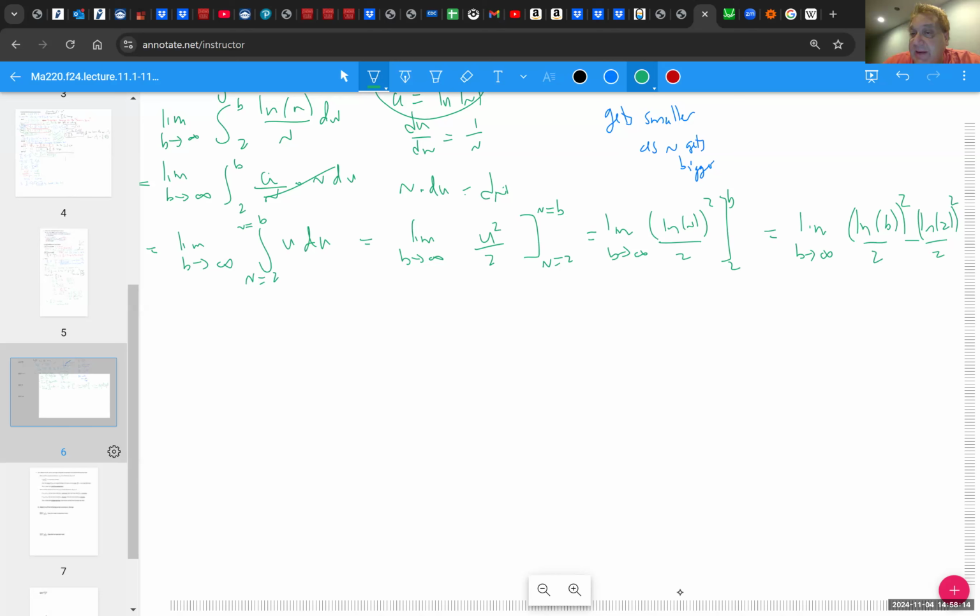So what happens to ln b as b goes to infinity? Remember the ln graph goes up and up and up, right? So this turns into infinity. So this turns into infinity divided by 2 minus a number, which is infinity. So the integral of ln n over n, from 2 to infinity, diverges.